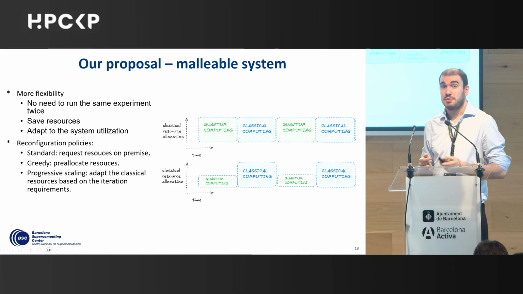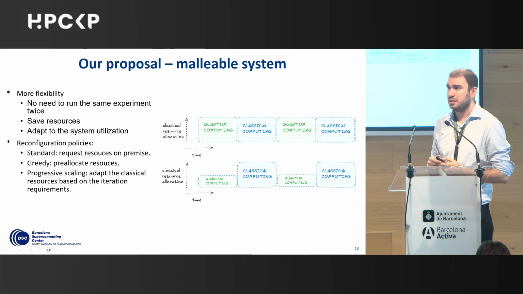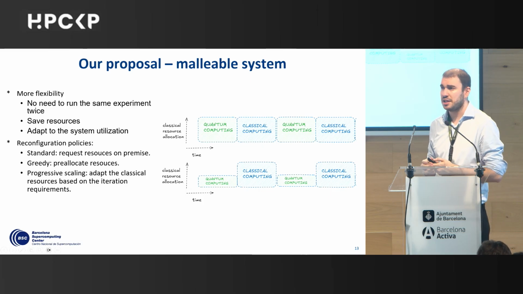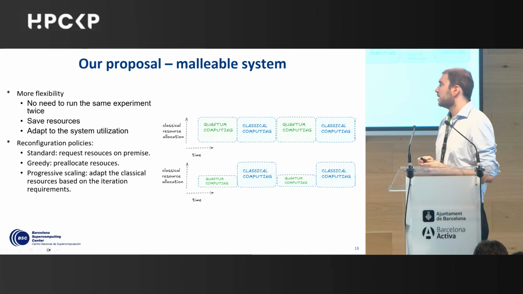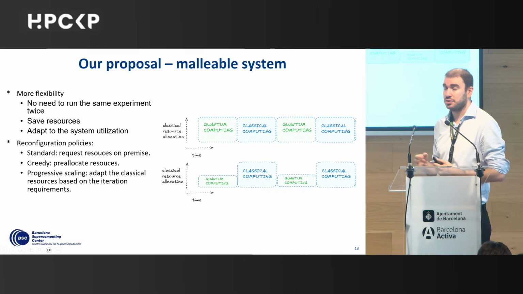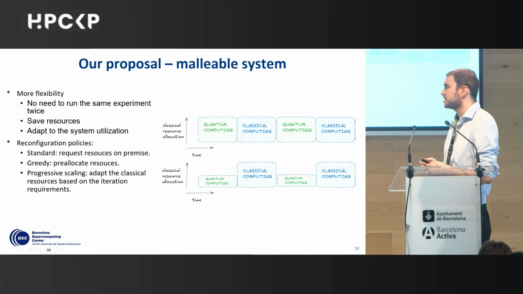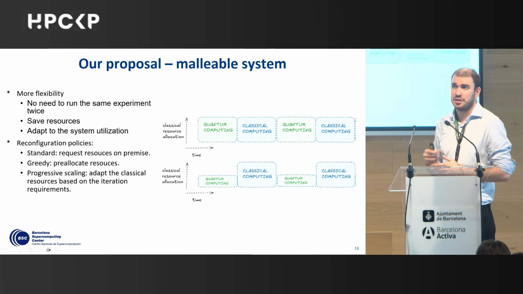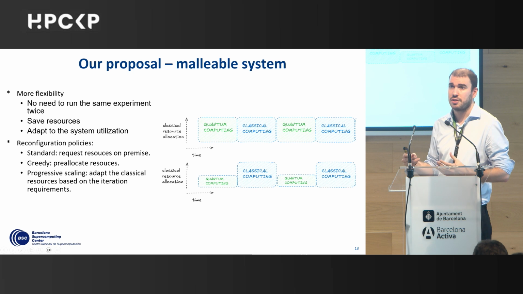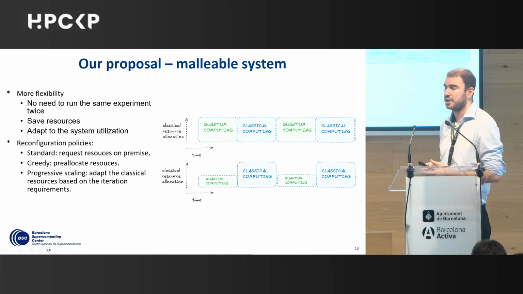This is relevant, for example, because in the Riken experiment, the quantum phase lasts like 30 minutes to 1 hour. So in that case, it makes sense. If your quantum stage is just a few seconds or milliseconds, this doesn't make sense. But if your quantum stage is really long, and you do a lot of iterations, maybe you are wasting thousands of nodes for more than 3 or 4 hours being just idle, which is not really a good practice.